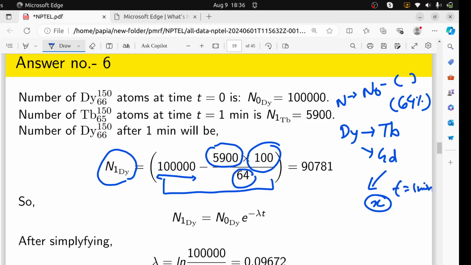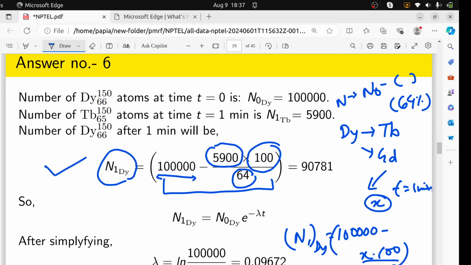For that case we will say N1 of Dy is 1 lakh minus x into 100 divided by 36. Okay. So this is the main trick for this question.